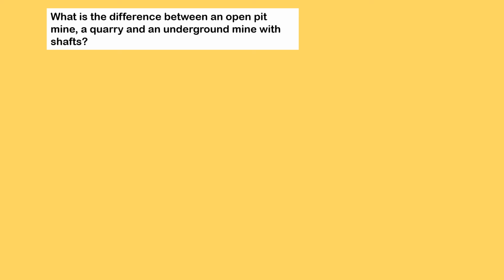What is the difference between an open pit mine, a quarry, and an underground mine with shafts? In an open cast mine, surface layer extraction is used for mining minerals from shallow depth. It's not deep. The shallow part of the earth's crust is known as open cast mining. So in this we use bucket wheel extractors to remove minerals such as coal, gold and iron.